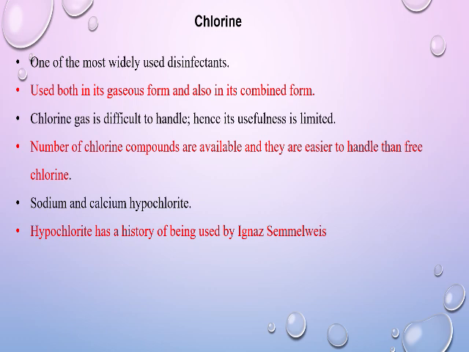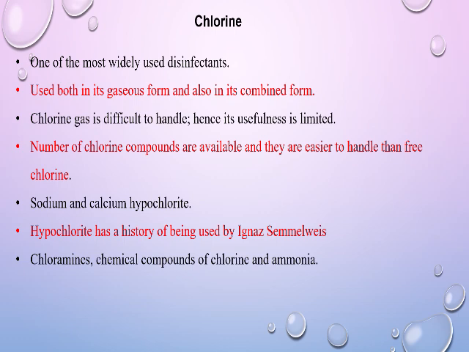Another important group of chlorine compounds are the chloramines, which are chemical compounds of chlorine and ammonia. Examples are monochloramine, chloramine T, azochloramide, etc. They are used in wound dressings as skin antiseptics and also for treating water.